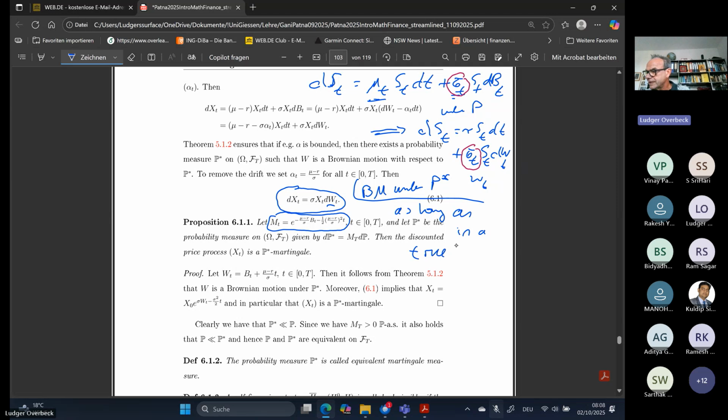When we say true martingale, this means it can be used as a density.